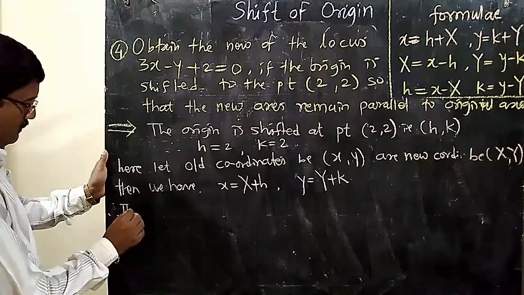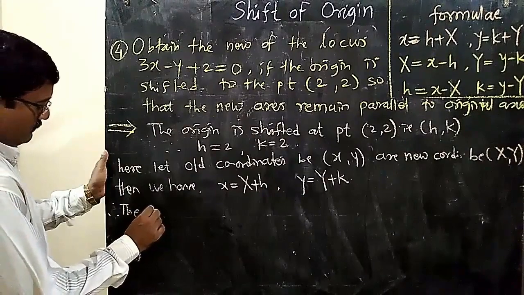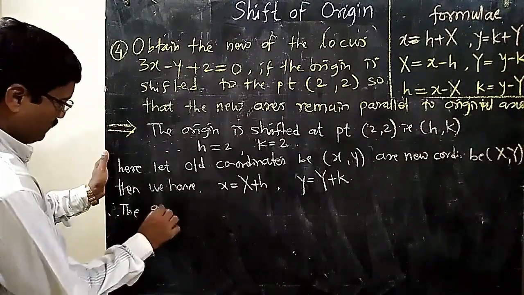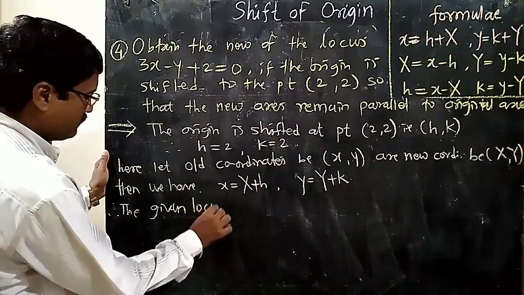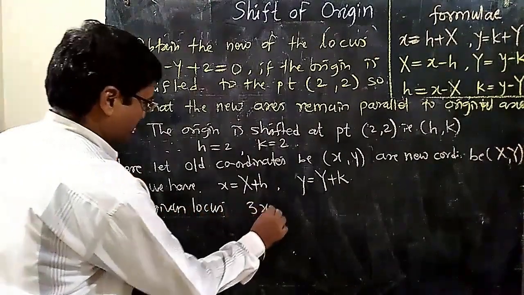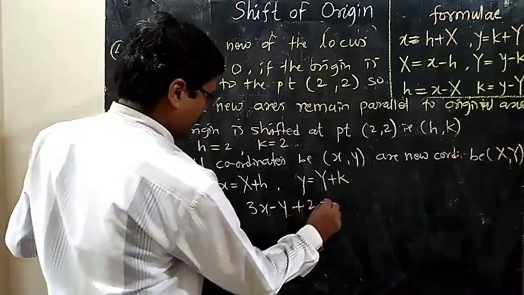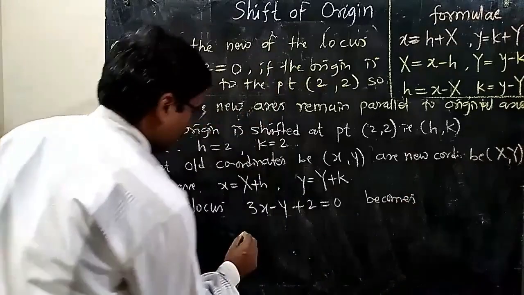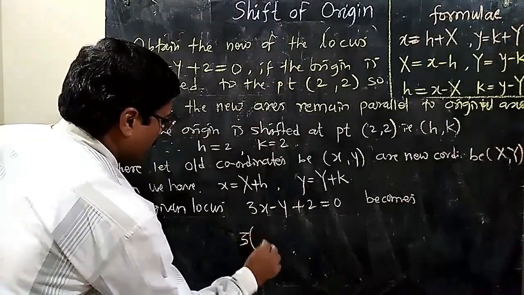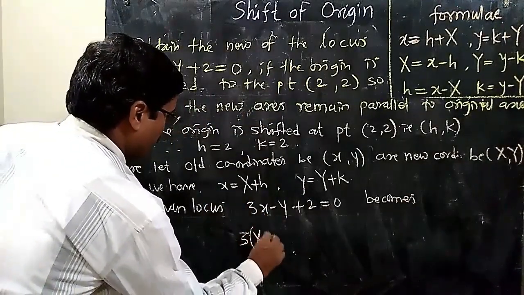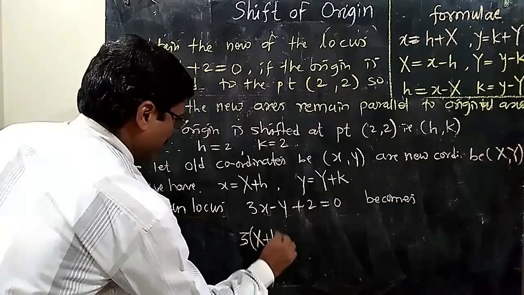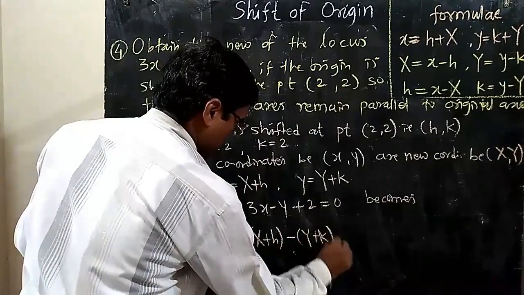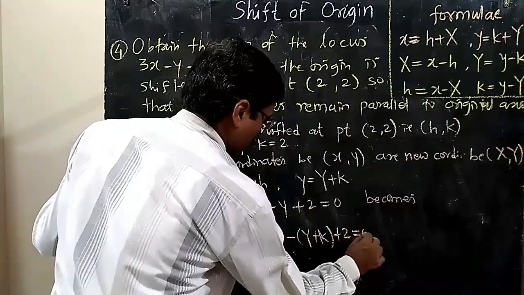Therefore the given locus 3x minus y plus 2 equal to 0 becomes 3 into capital X plus h minus capital Y plus k plus 2 equal to 0.